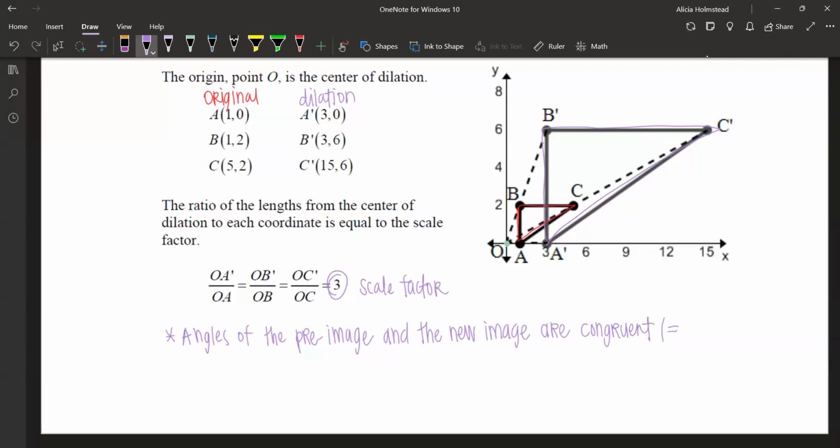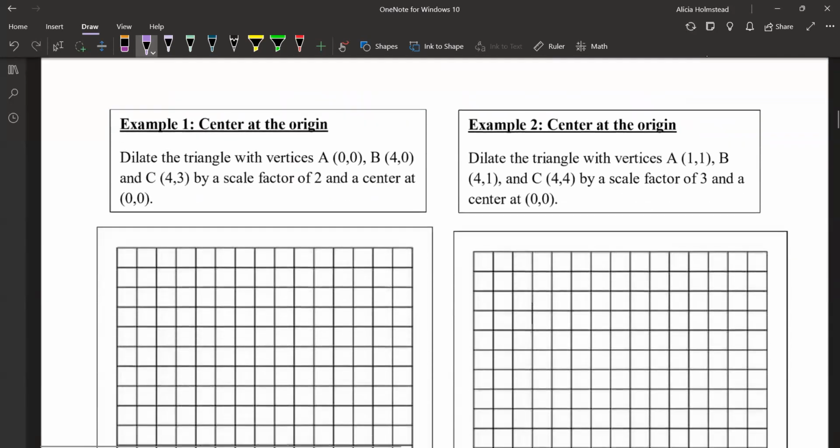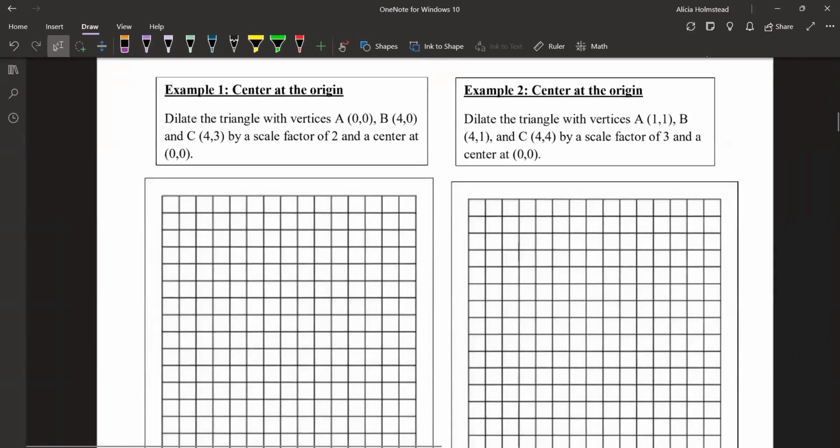And the symbol we use for that is just like that. It's an equal sign with a squiggly on top. But yeah, it just means that the angle sizes are going to remain the same even after the dilation takes place. All right, so let's look at some examples of how this works.